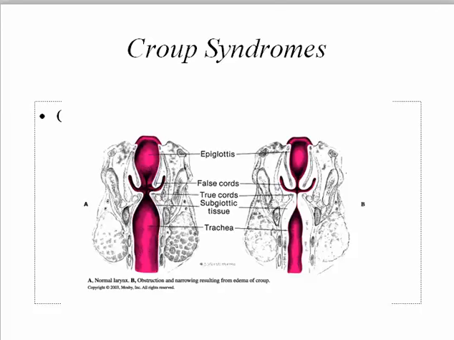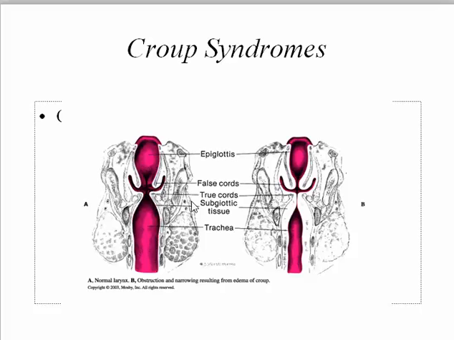Now, infants and small children have a small diameter of their airways. So whenever there is any inflammation, they're easily obstructed because their airways, as you can see in this picture, are already very small.